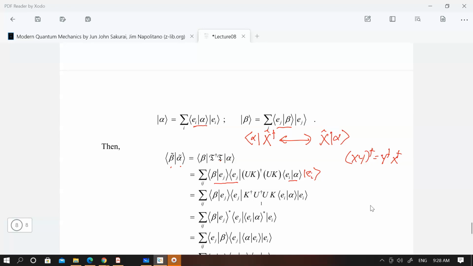So I have K dagger U dagger. And then over here you'll see that I have U dagger U, which equals 1, and I'm left only with this operator K acting on this ket and operator K dagger acting on this bra.